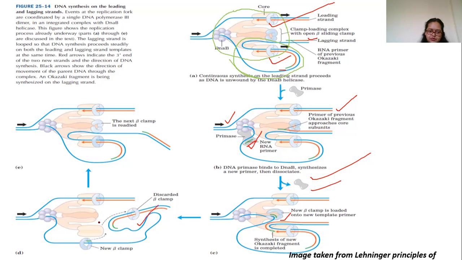Once this synthesis is finished, what would happen? That beta clamp which is present here now dissociates from both the subunits, the core polymerases as well as the clamp loading complex. From both the beta clamp is removed, and a new beta clamp in this figure is added for initiating another round of formation of DNA strand.